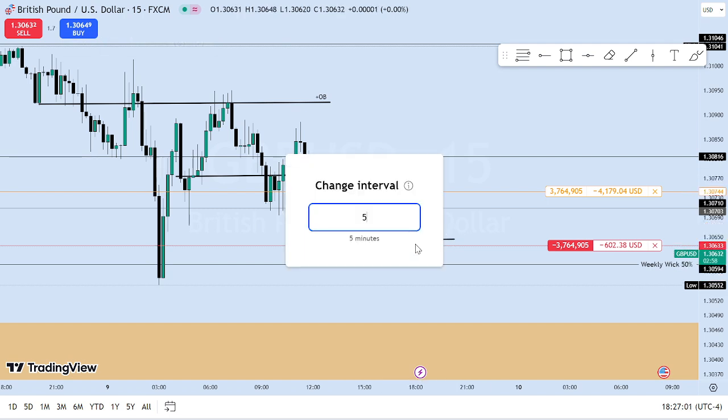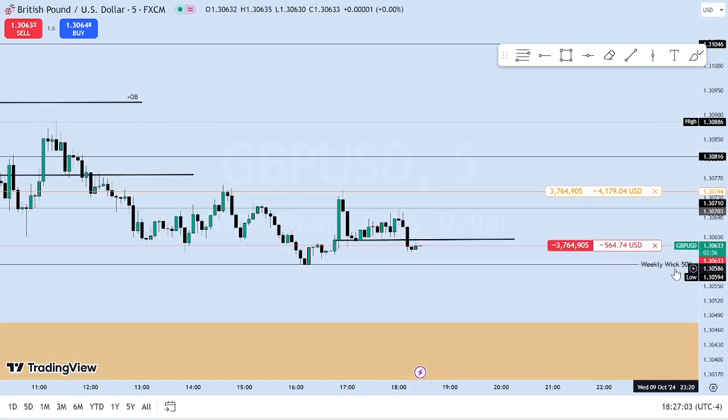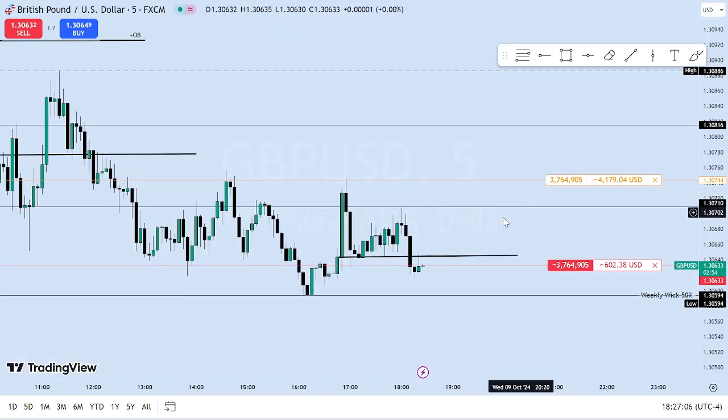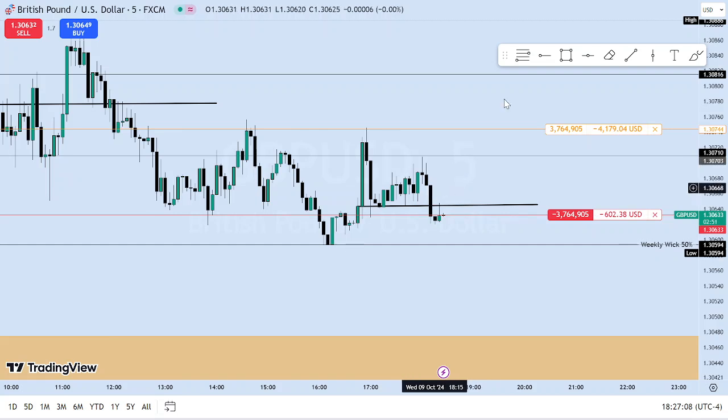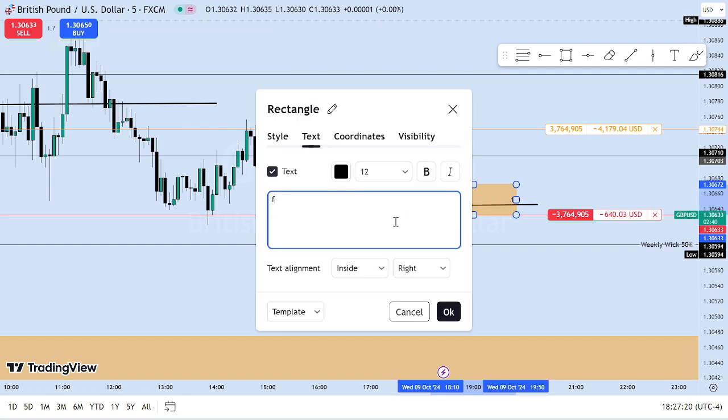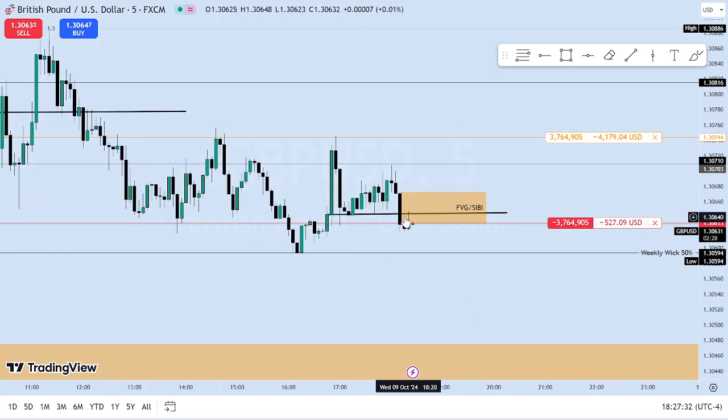Okay, go down to 5 minutes. You see, in 15 minutes, the order block. Now here we're having a fair value gap in 5 minutes. That's a fair value gap, sell side imbalance, buy side inefficiency, created a fair value gap here in 5 minutes.